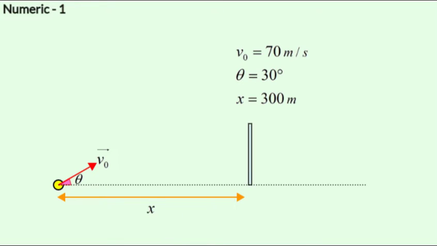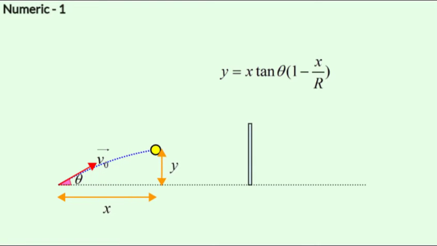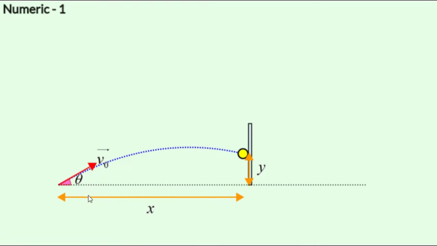Now let's see how the projectile would go on to strike the building. So we are given that this x is 300 and we have to find the y displacement. Since no information is given about time and we have been given the x displacement and we have to find the y displacement, this is a classic case where we will use the trajectory equation that we had derived in the previous lesson.